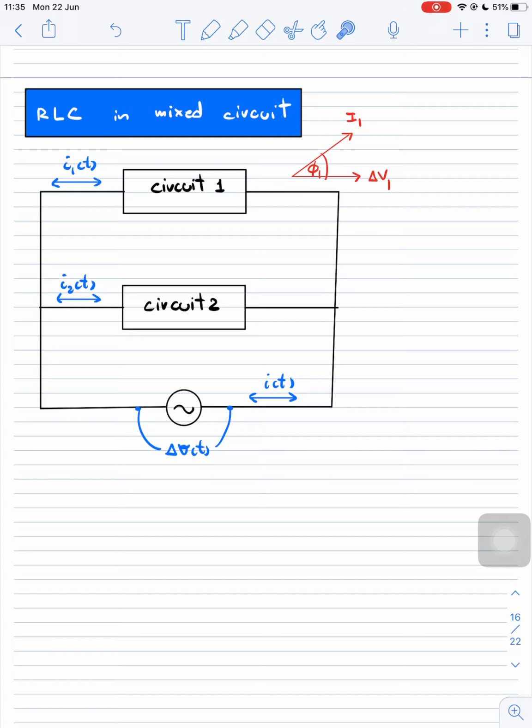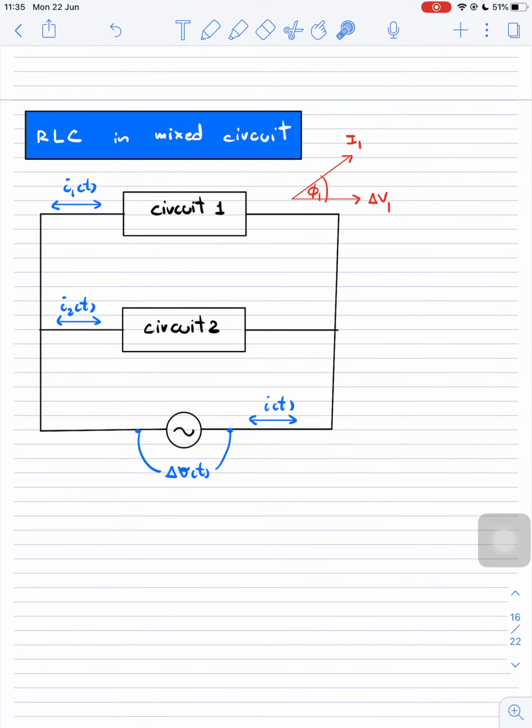So let's assume we can find this phasor diagram from circuit 1. From this phasor diagram, it means that the phase of the current is leading the phase of delta V1 by the angle phi1.